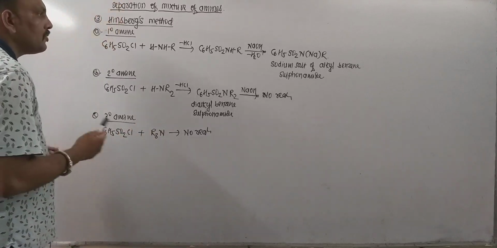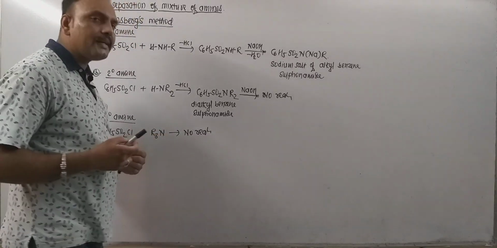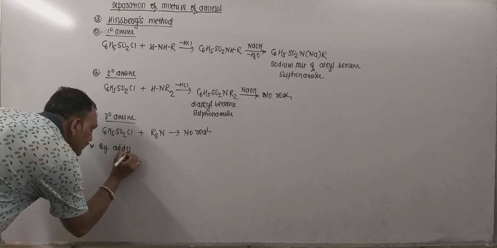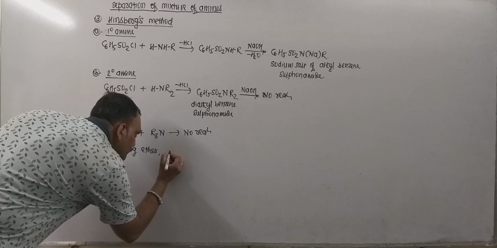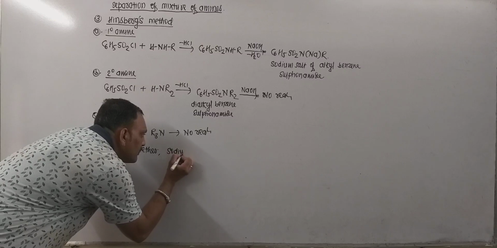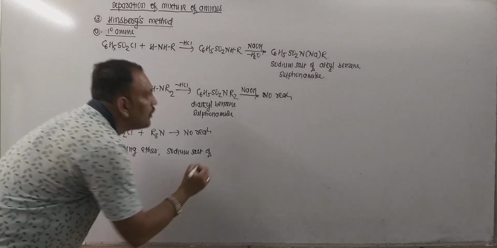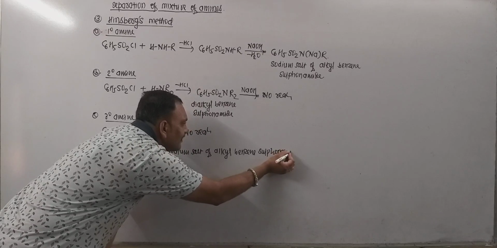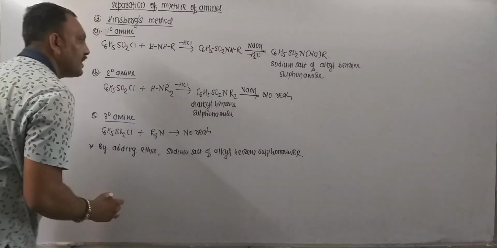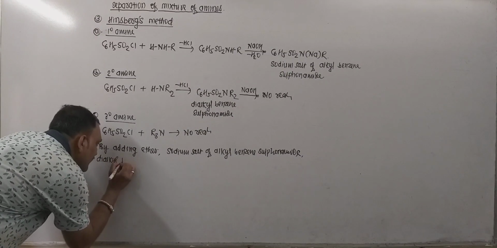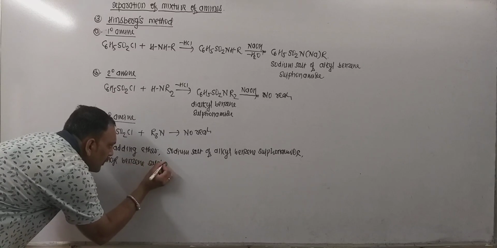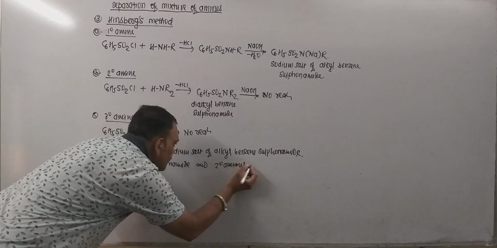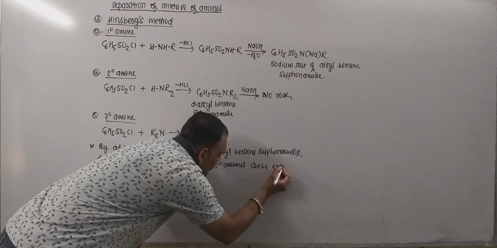By adding ether to the given solution, the sodium salt of alkyl benzene sulfonamide, dialkyl benzene sulfonamide, and tertiary amine can be extracted.